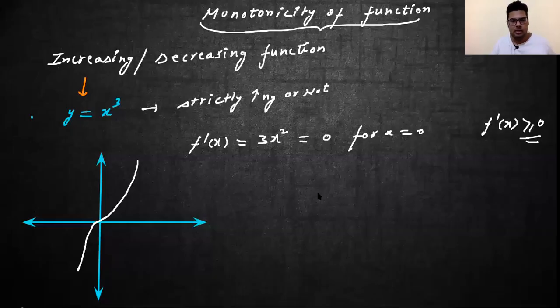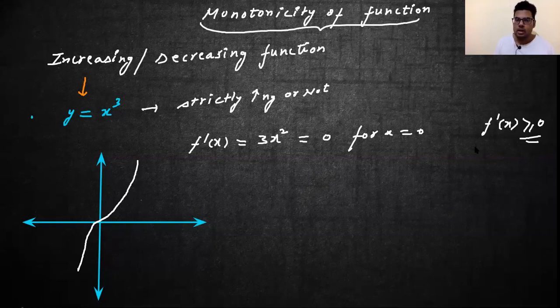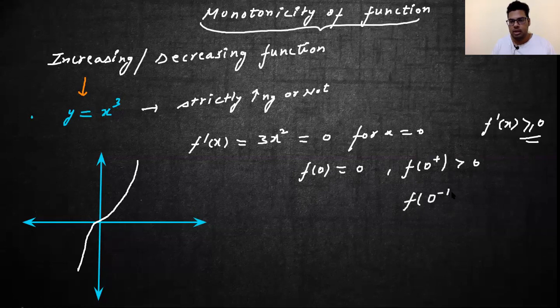So in this case, clearly, as we have seen, f of 0 we are talking about, because it may be that only at 0 it does not strictly increase, otherwise at every point it is strictly increasing because f dash x is positive, not even equal to 0. Only for x equal to 0 the derivative is 0. So f of 0 is clearly 0. F of 0 plus is positive. F of 0 minus, just less than 0, is negative.